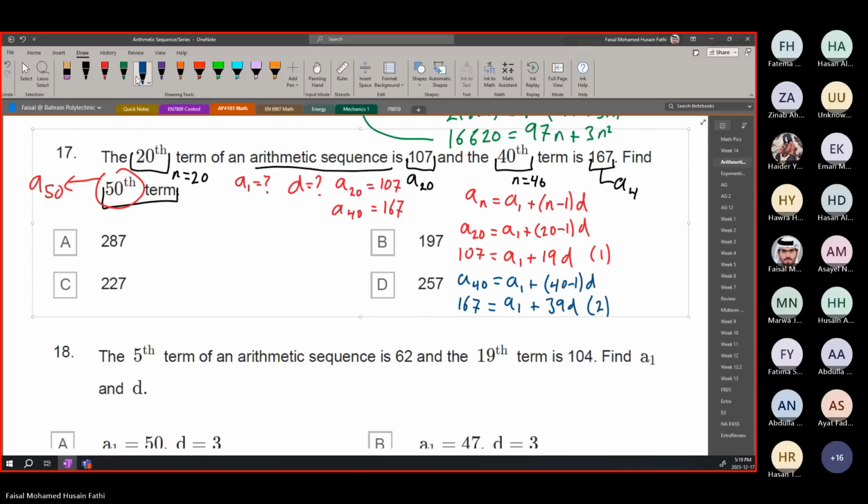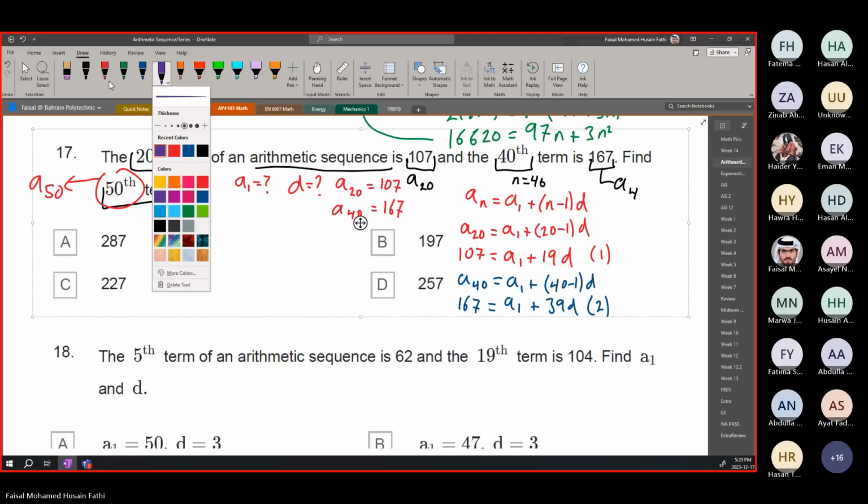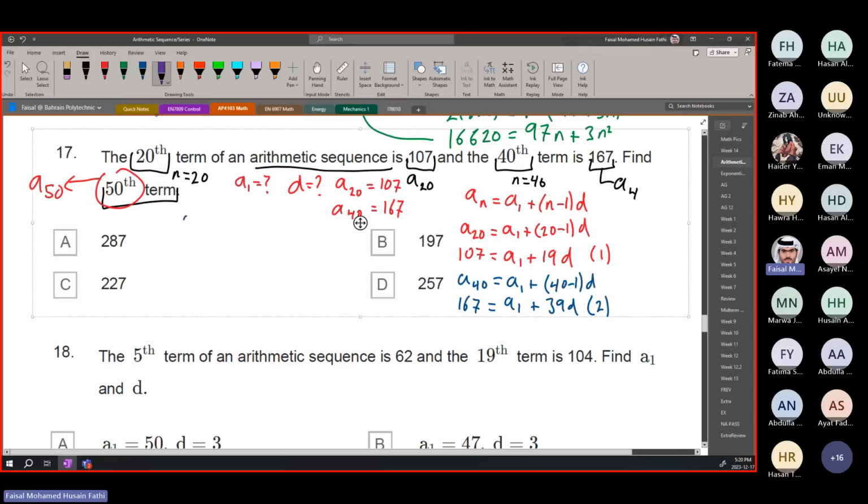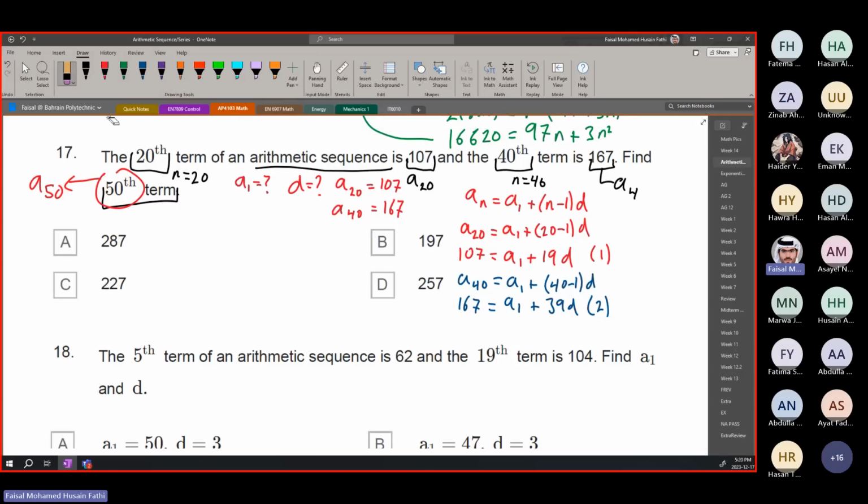Now, let's solve the simultaneous equations. All I'm going to do is switch the left and right sides, so don't get confused by that. A1 plus 19D is equal to 107, and then we have A1 plus 39D is equal to 167. All I did is switch the equal sign.